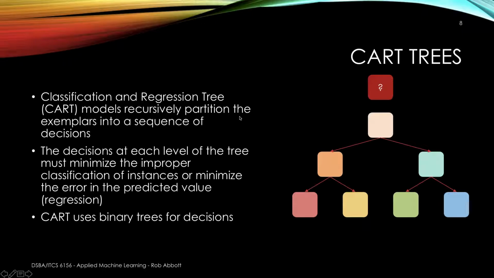So what we try to do here is at each level minimize the improper classification as we train the tree, just like we did in our toy example. And CART always uses binary trees. CART will never use an n-way tree for decisions. So that simplifies things significantly when you're running on lower powered computers.